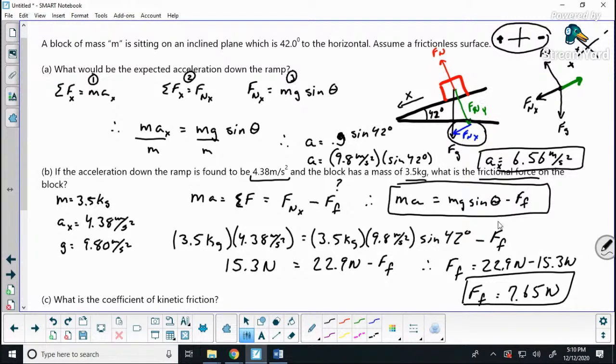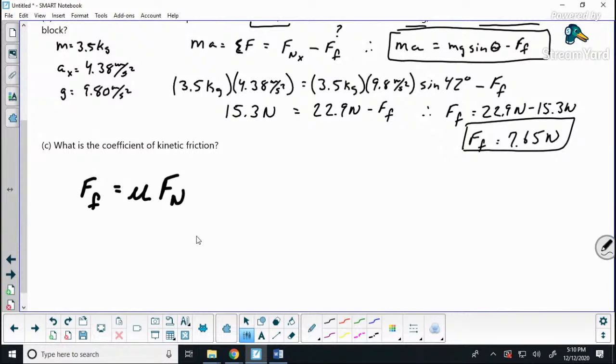Force normal in the y is what contributes to our frictional force. So this is where we're now going to go in and say, okay, my force of friction equals mu times force normal, but force normal equals mg cosine of theta. So mu times mg cosine theta.